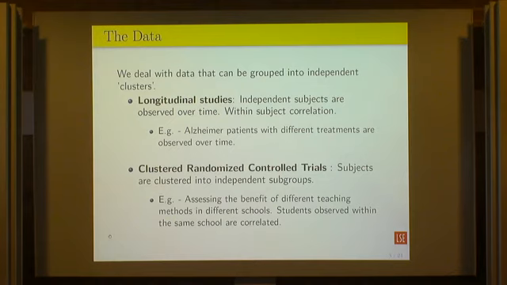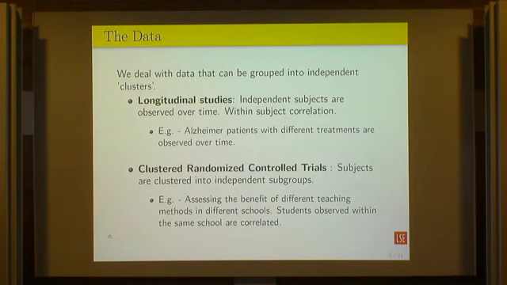For instance, you may have a patient and you want to measure their blood pressure, different symptoms over time. So within each subject there are lots of observations which are some time points apart, and of course within each subject those observations are correlated.